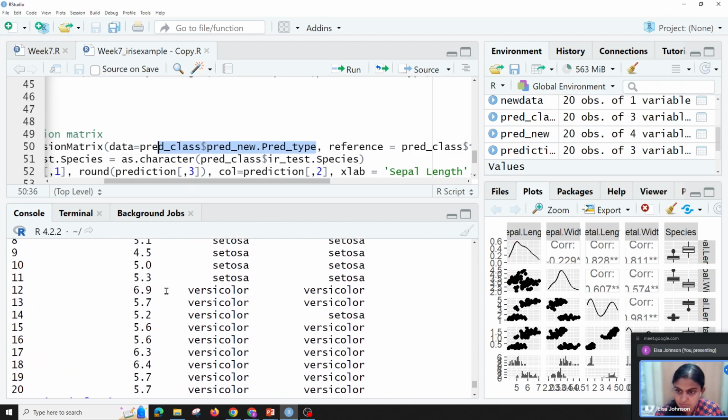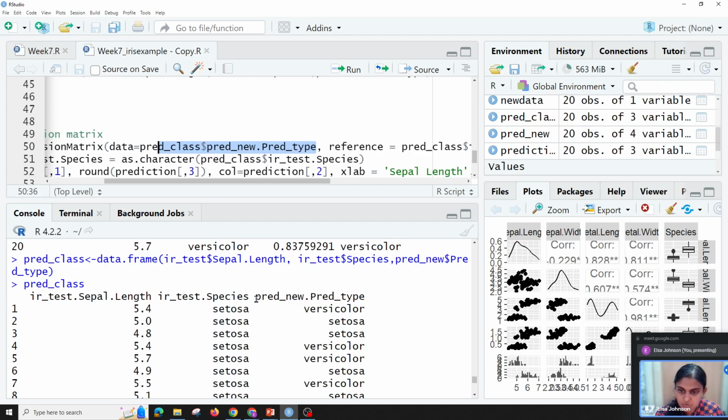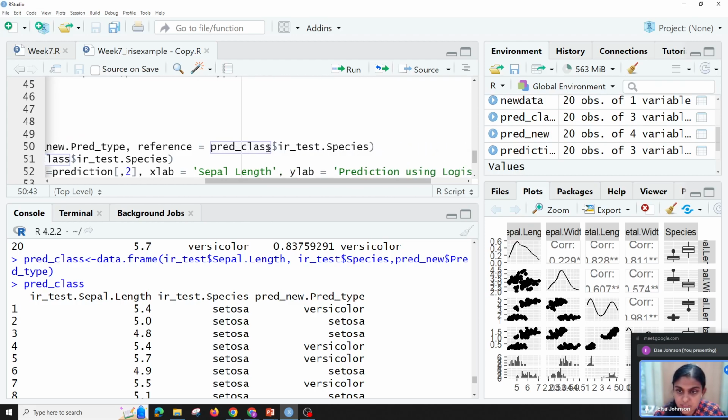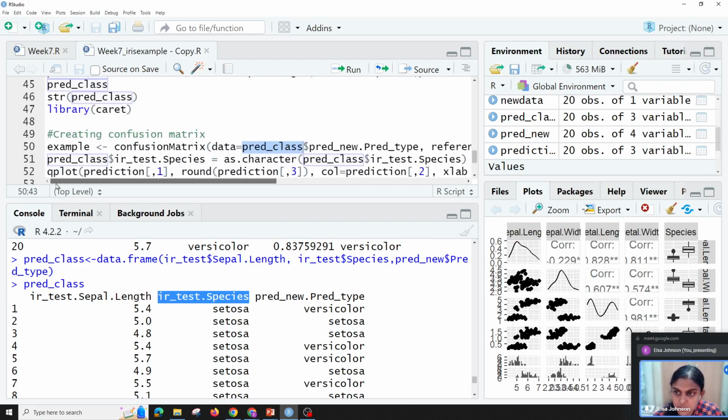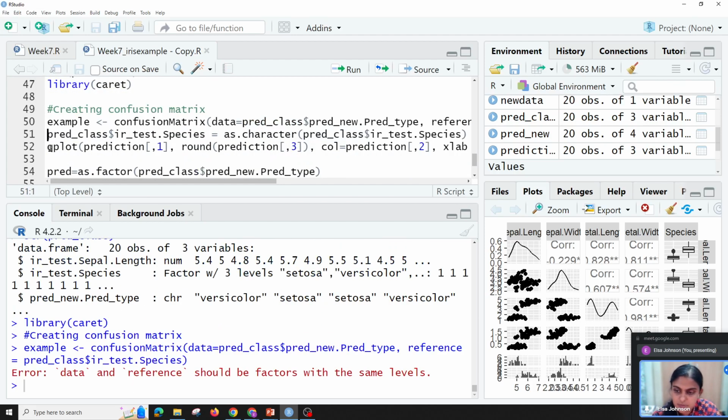I'm giving this such a long name because pred_new.pred type is the column name there, and it is a column of pred_class. And the reference value is pred_class ir_test.species. So between these two I am forming the confusion matrix and storing it to example.